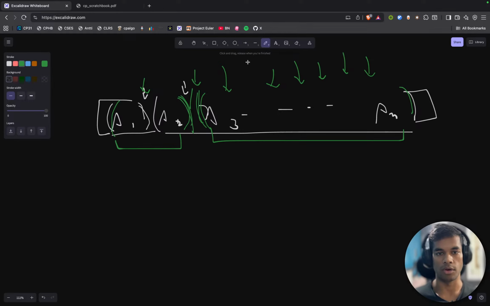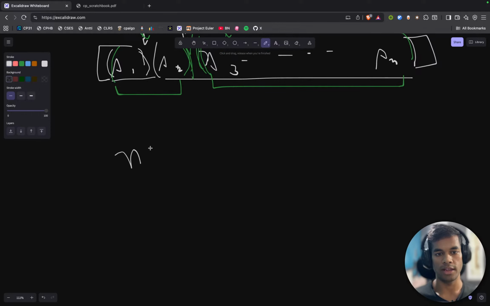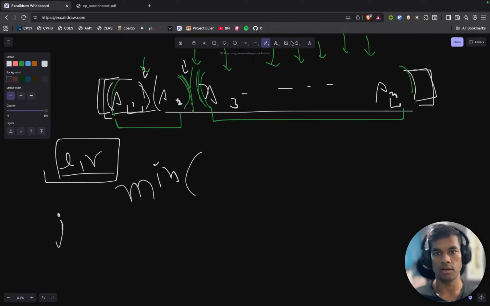How is the recursive formula going to look for this one? The recursive formula will find the minimum, where let's call this L and this R. So we have to find the best optimal order for multiplying matrices from L till R. We will begin our iterator I from L plus 1.